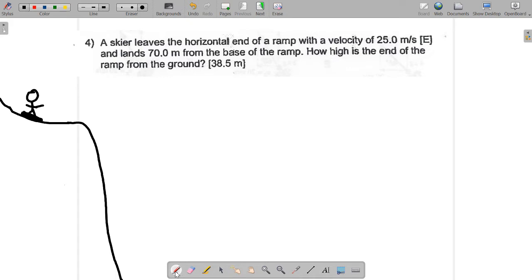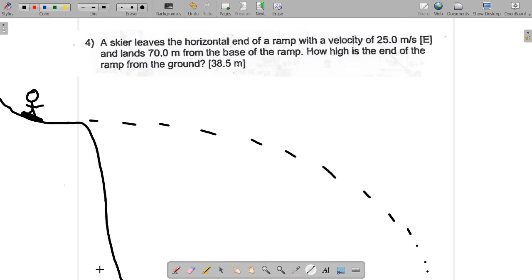So if you have a skier here that's sliding downhill, eventually he's going to reach the end of this ramp, and he's going to be launched into midair. So his motion is going to look something like this from the moment that he's launched to just before it hits the ground here. Okay. Now, we are told in the problem the distance in the x direction that the skier traveled.